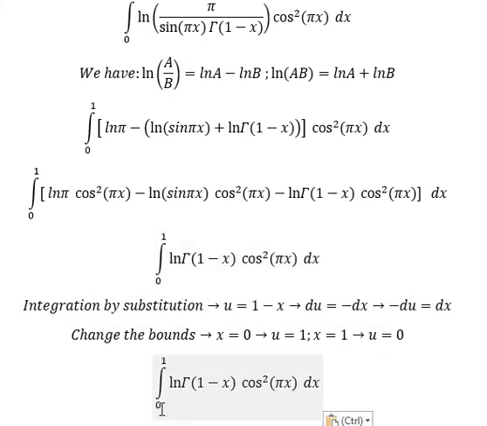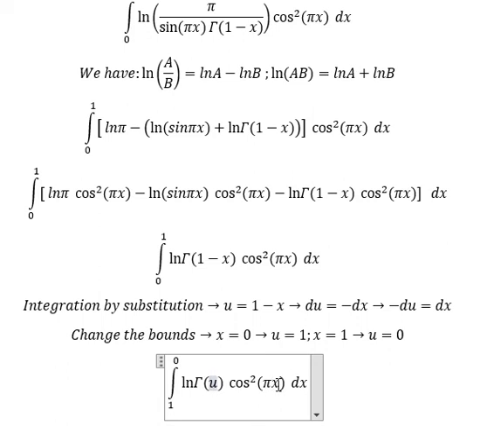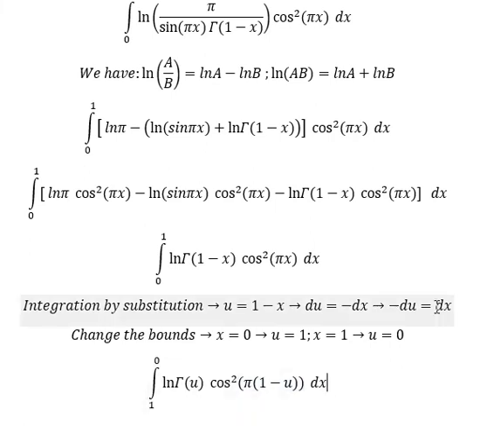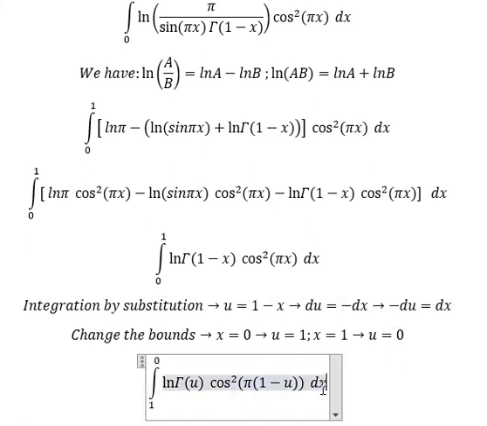So number 0 in here we change for number 1, and number 1 in here we change for number 0. 1 minus s we change for u. About s, so we put negative s go to the left, u will go to the right, so we have 1 minus u. ds we change for negative du.